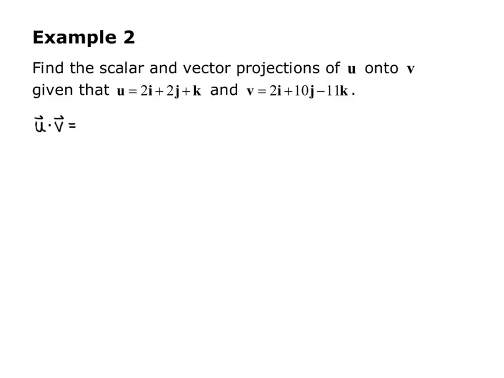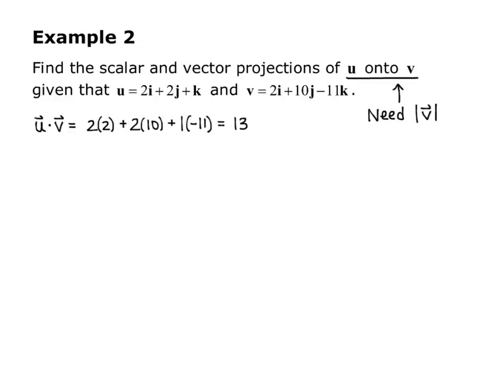Okay, so first thing I need is u dot v. I'm going to multiply the i components together plus the j components multiplied together plus the k components multiplied together. So 2 times 2 plus 2 times 10 plus 1 times negative 11, and that equals 13. So there's my dot product of u and v.